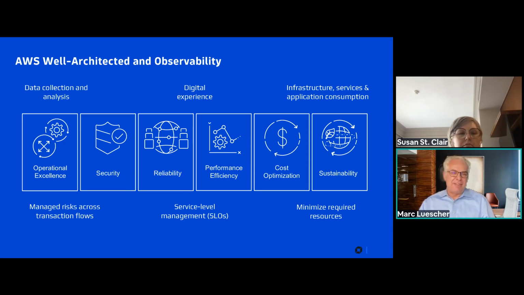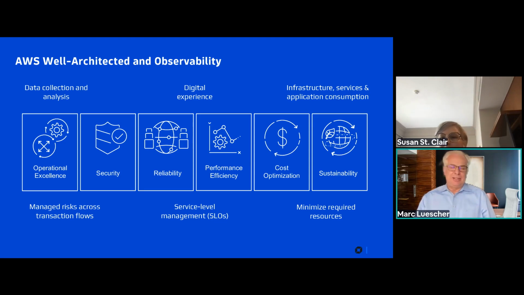I guess they have some trust that since we operate one of the largest stores, we know the answer to anything. That's not the case. So let me quickly go through the six pillars of our Well-Architected and observability framework.